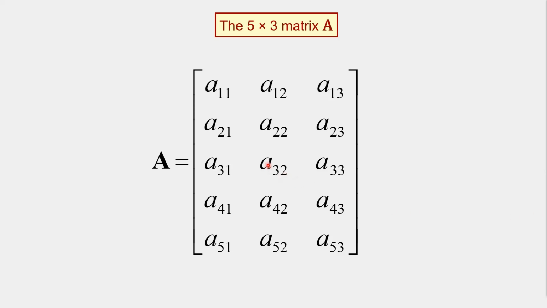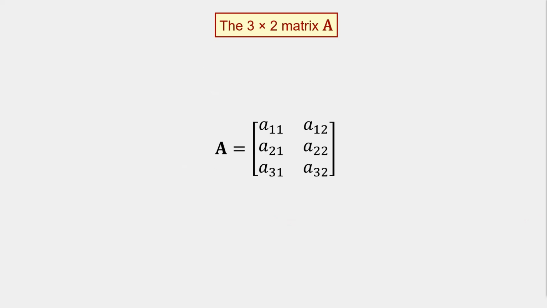So each element of the matrix has indices which tell us about the row and column to which the element belongs. A 3 by 2 matrix obviously has 3 rows and 2 columns. Again, each element is indexed according to its row and column.